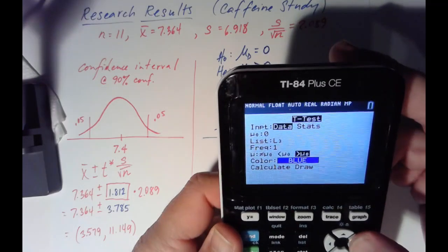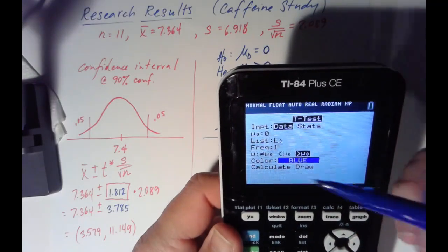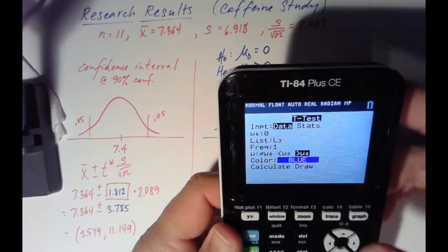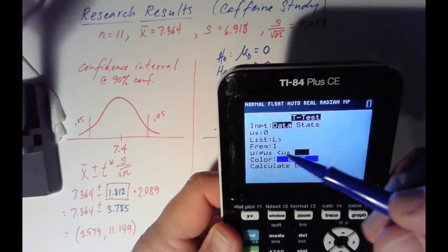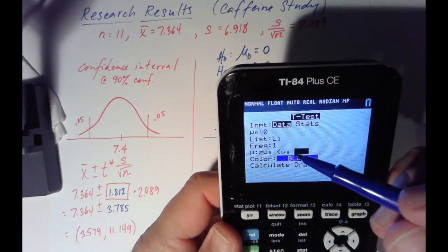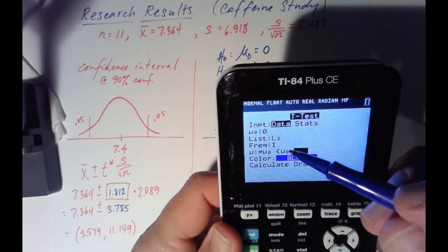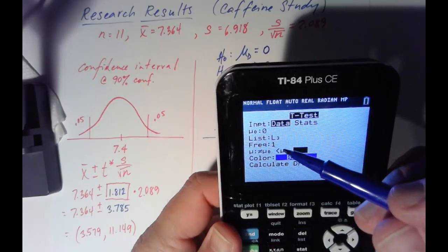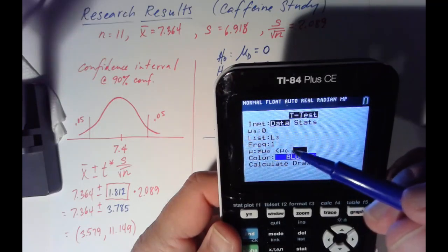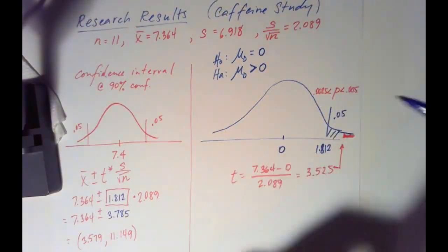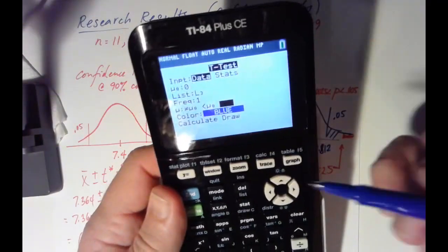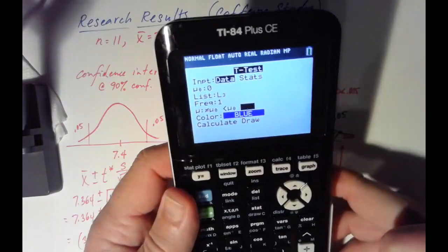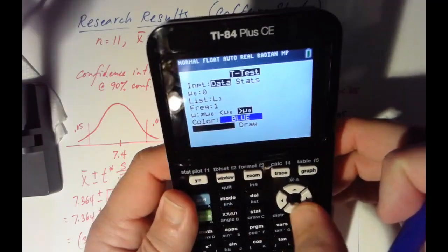Is it not equal, two-tailed? Is it less than, left-tailed? Or is it greater than? Sometimes students mix these up, so be real careful. This mu sub 0 is our 0, so this says less than 0. This one says greater than 0, and our alternative hypothesis is greater than 0. So you want to select that third one, and then calculate.